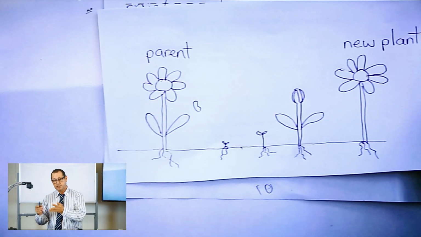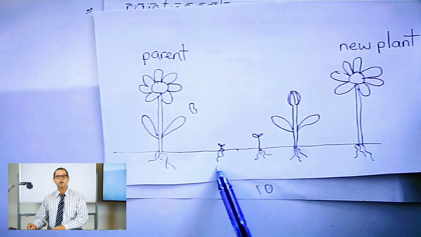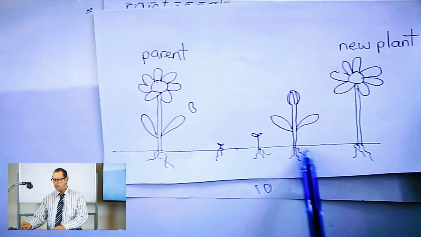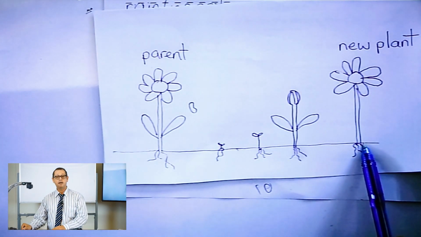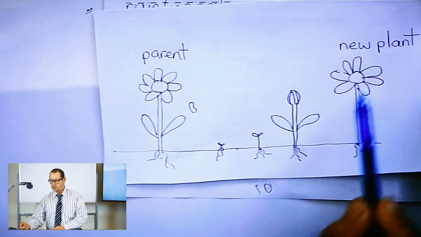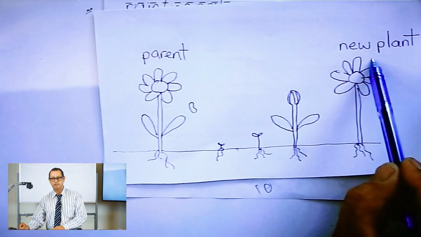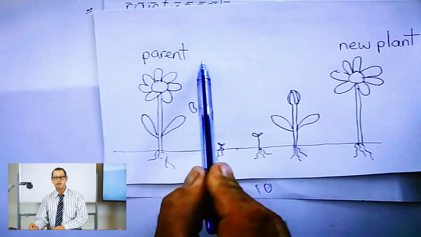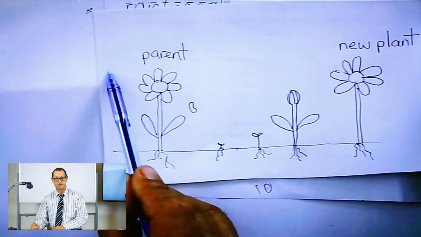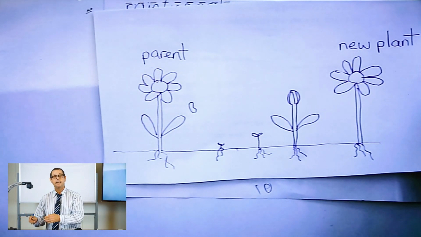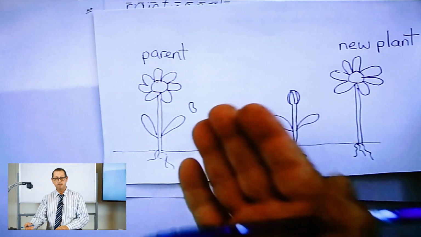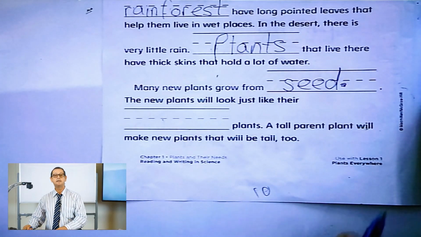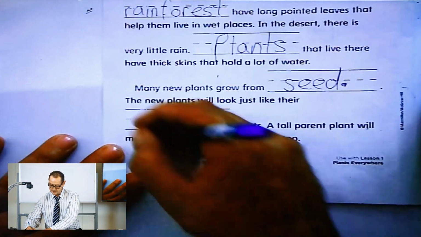When the seed falls down, it starts to grow and it gets bigger and bigger until it is a big plant. So now the new plant is the same as the parent plant. Okay, so the answer is parent.